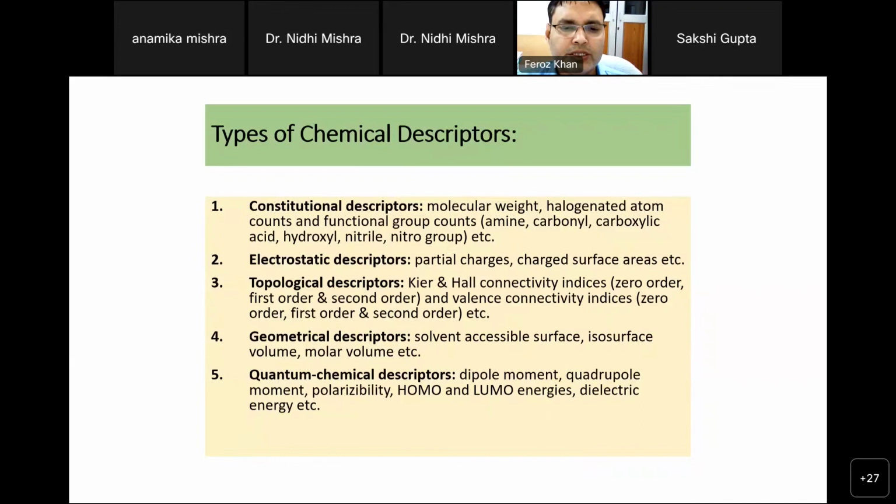The definition of QSAR is a quantitative way of correlating the structural properties or molecular representation with the biological activity.